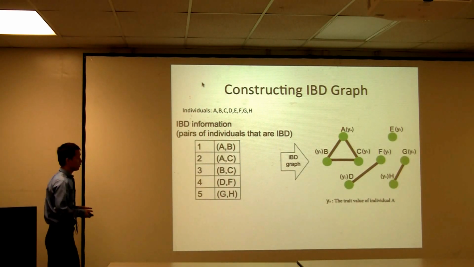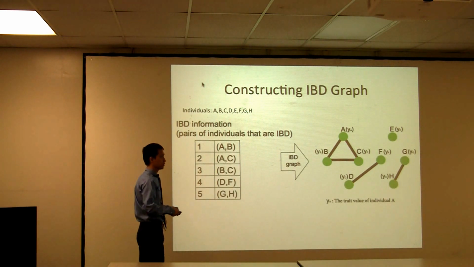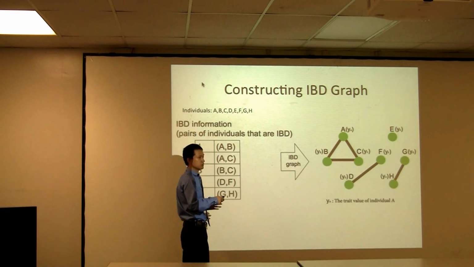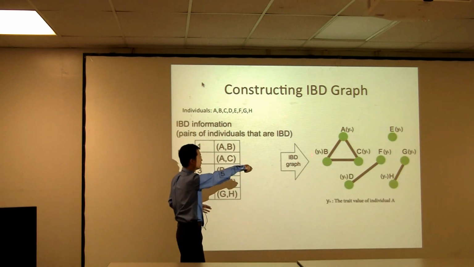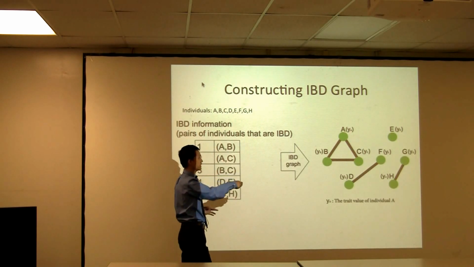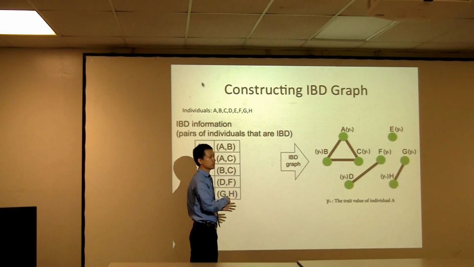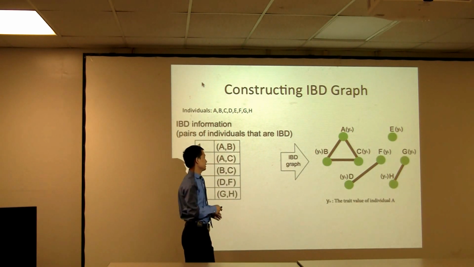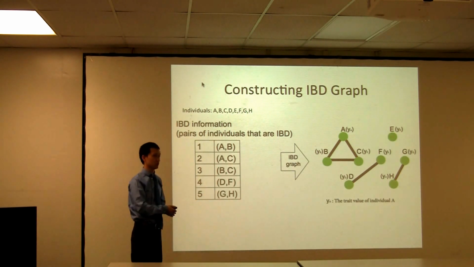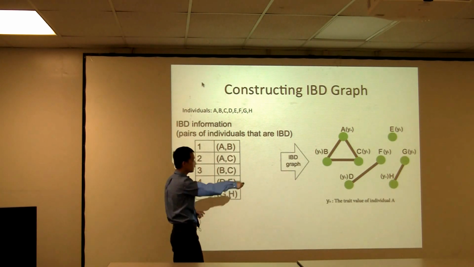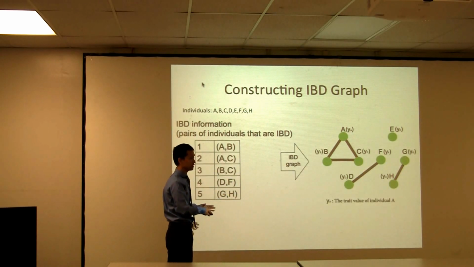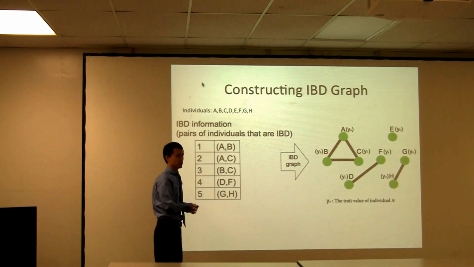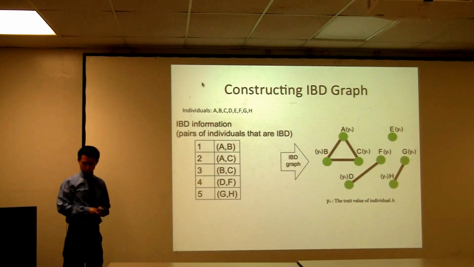As we mentioned before, if the IBD segment contains the disease-causing mutation, all the individuals will have a similar phenotype. For example, in this clique, let's assume the phenotype is higher if they have the causal allele. So the phenotype of all individuals in this clique will be higher than the other individuals. We want to capture this property, so we design a test statistic to see whether the IBD segment is associated with the quantitative traits.